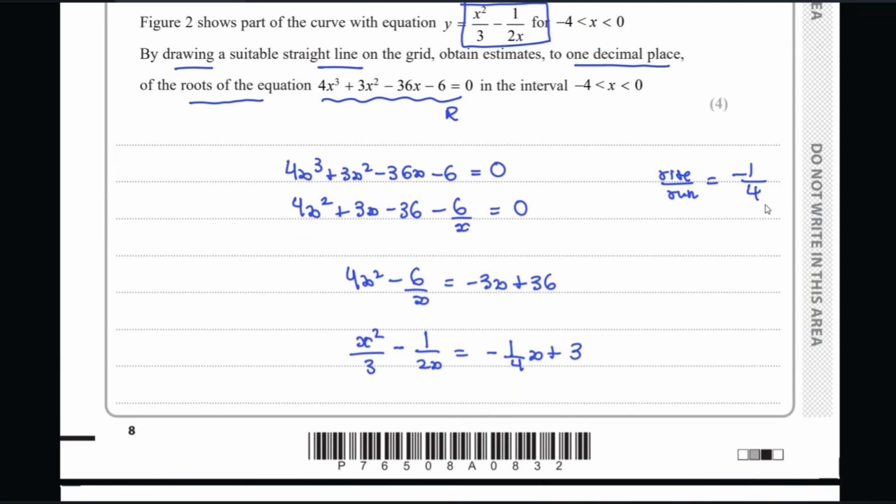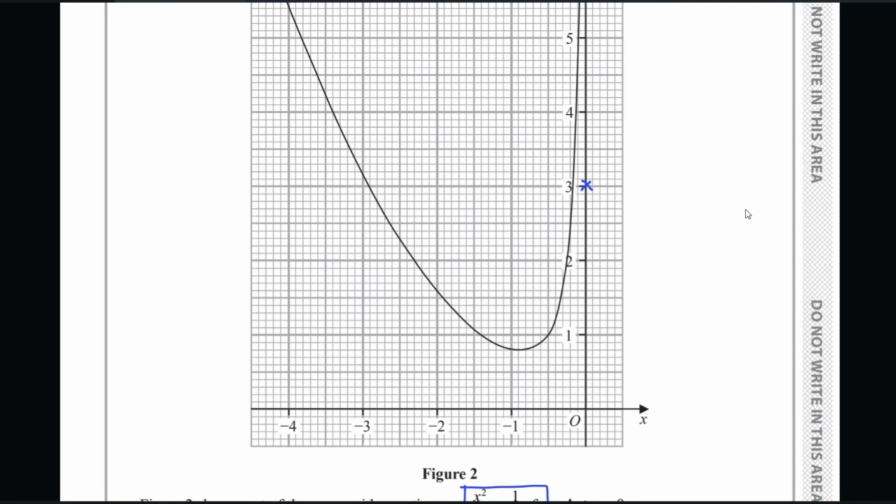So for every 4 units we run, we have to fall by 1 unit. But we cannot run forward, so we have to go backwards. If we run backwards by 4 units, we will rise by 1 unit because the gradient is negative 1 over 4. So we will run backwards from here. 4 units will be here, and then we'll have to rise by 1.